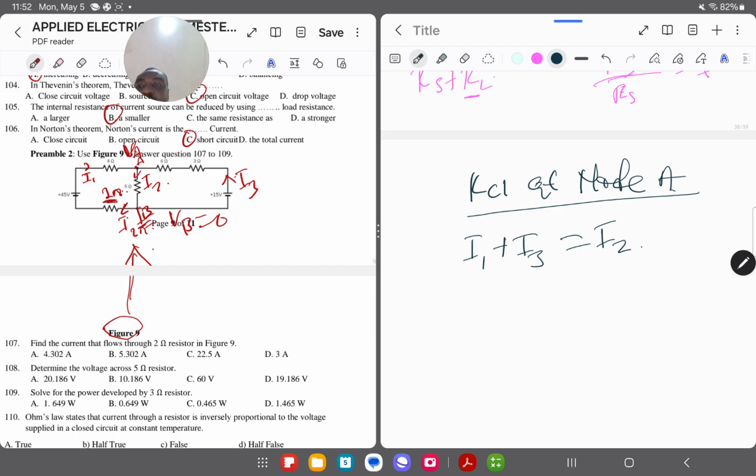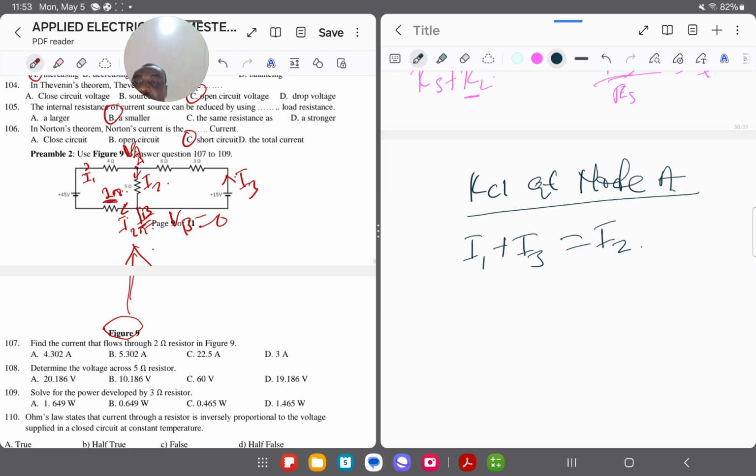So here you look per branch. The first branch here, you can see the current originates from 45 volts, right? And then from there it ends up at node A, meaning VA. So we take the potential difference.